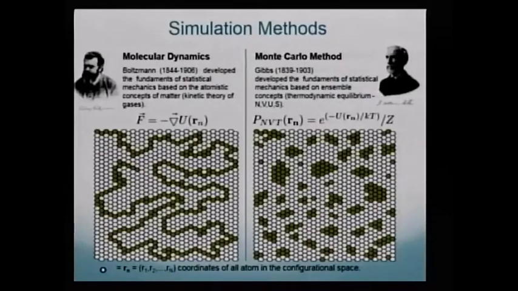In this representation, each symbol represents the Cartesian coordinates of all atoms in the system. If I calculate the forces and apply Newton's equation, I'm going to see the movement of the atoms, and then I can follow the trajectory of the system. And if I wait long enough, I will visit all the possible configurations and I can perform an average.